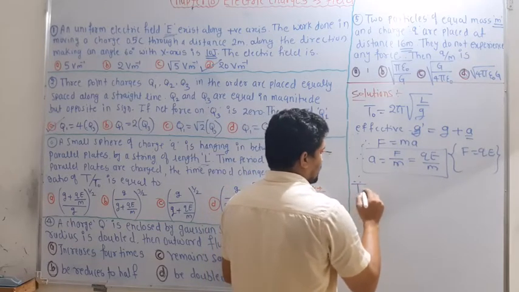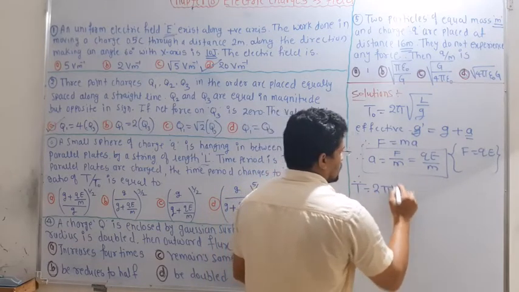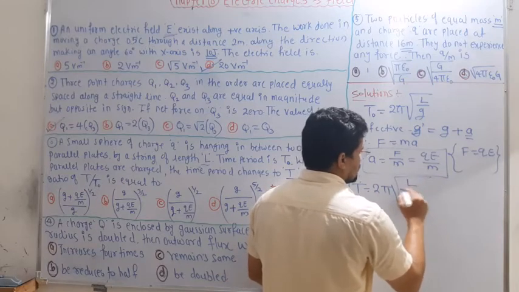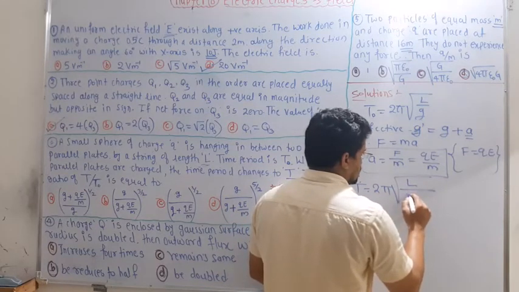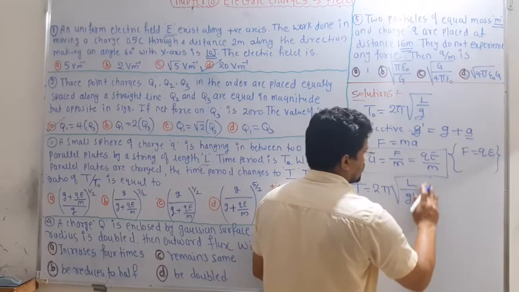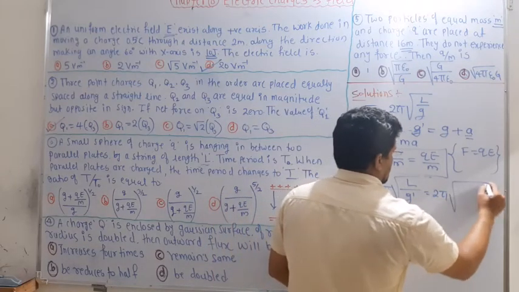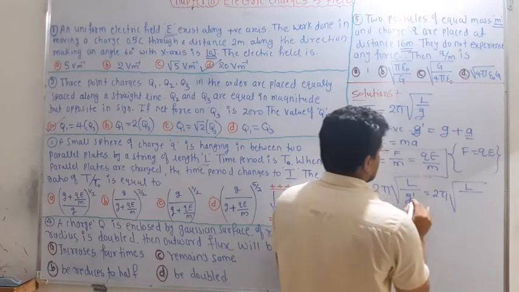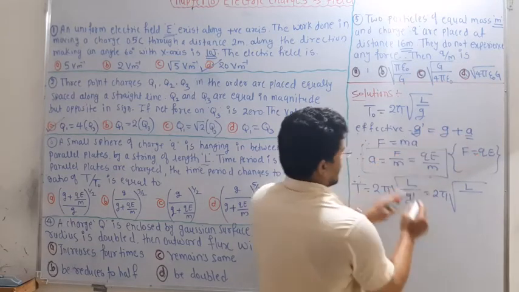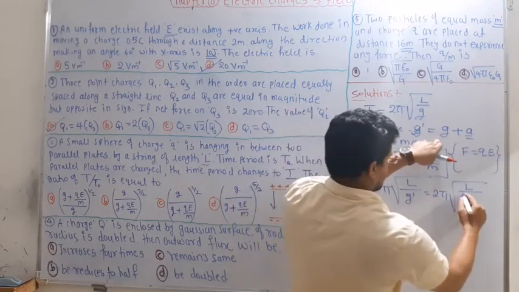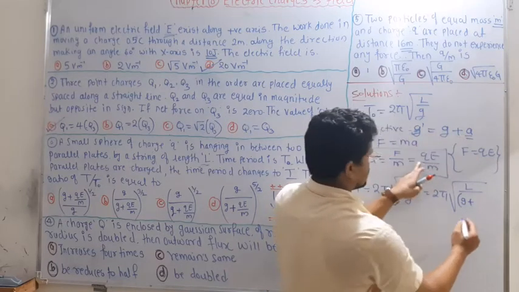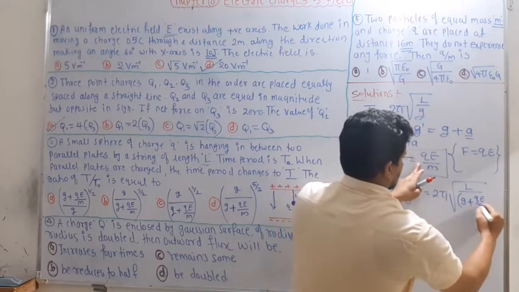Therefore the new time period t is equal to 2 pi under root of, L will be the same, but here it becomes g dash, the new acceleration. So it becomes 2 pi under root of L divided by g dash, where g dash is nothing but g plus a, and a is qE divided by m.